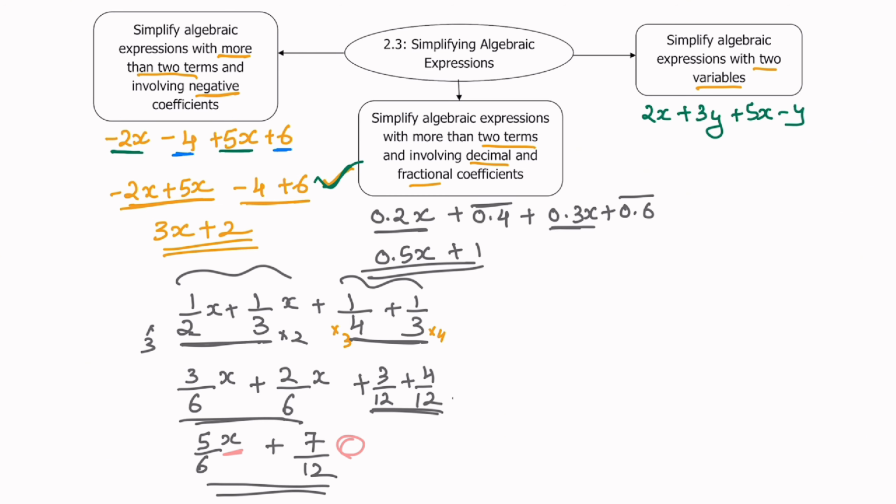So I will rearrange my equation, that is 2x plus 5x plus 3y minus y. This becomes 2x plus 5x, which is 7x. Only this to be added and this to separate. 3y minus y. So it's 3 minus 1 basically, right?